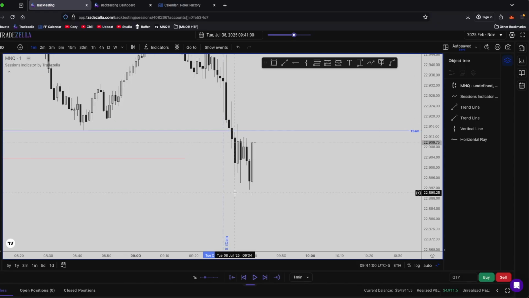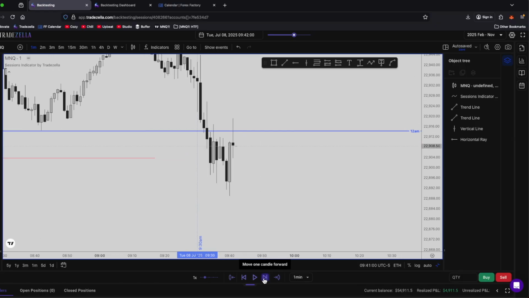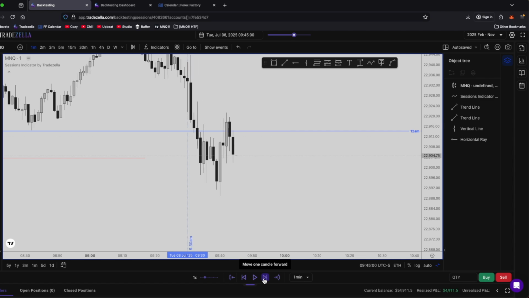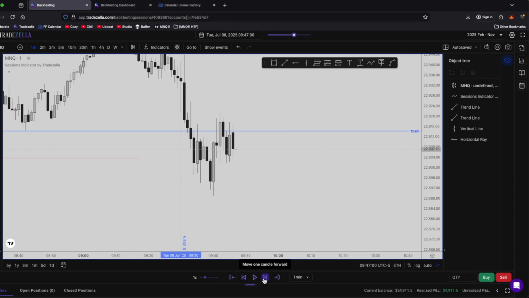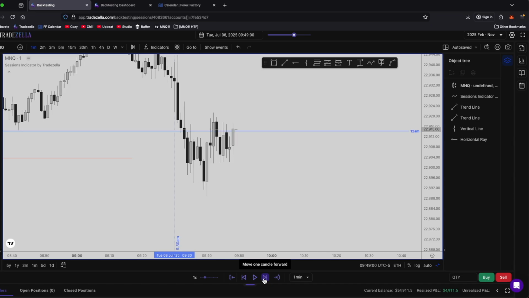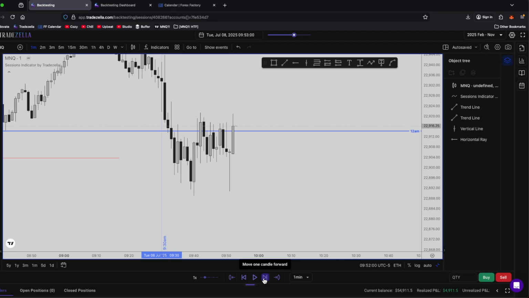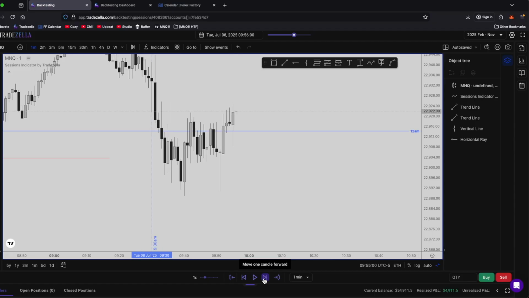Nothing yet. Formed an order block here. Just kind of consolidating.